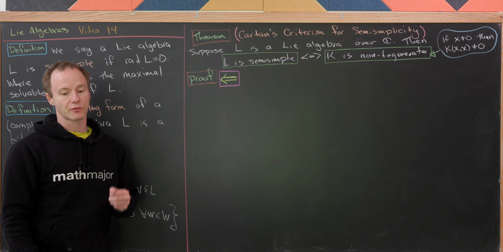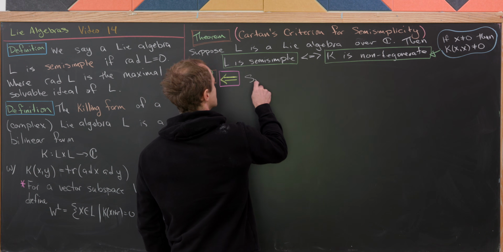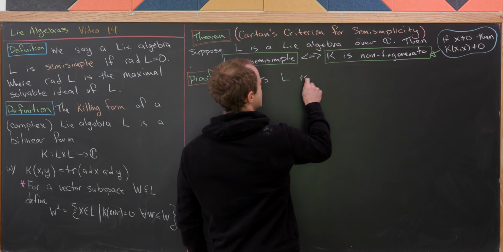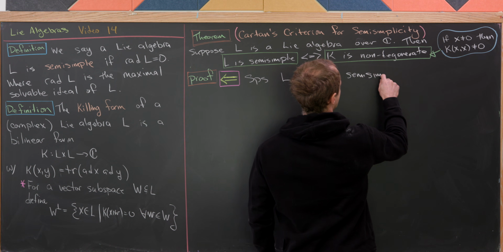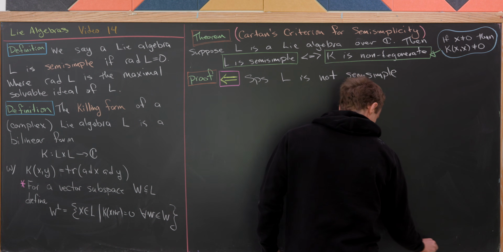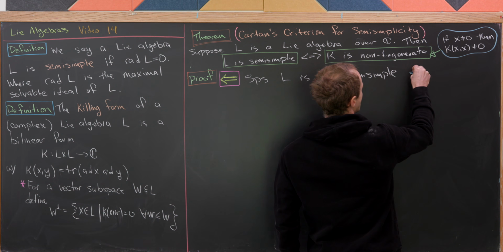For the reverse direction, we're going to be using the contrapositive. So let's suppose that L is not semisimple. If it is not semisimple, then what does that mean?